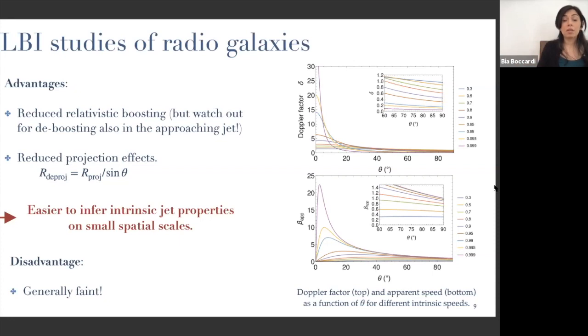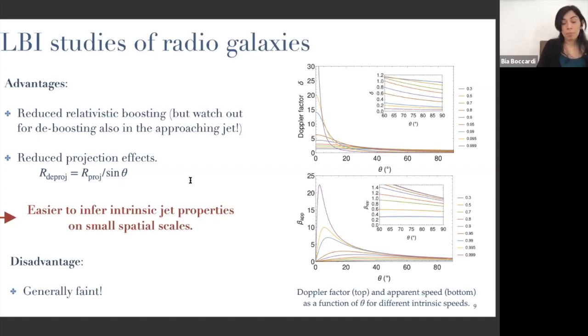This is because the Doppler factor is much reduced, therefore we can actually observe the source close to its intrinsic properties, and also projection effects are much reduced. So the real physical scales which we can probe are actually much smaller. The disadvantage, of course, is that because the Doppler factor is smaller, these objects are generally faint.